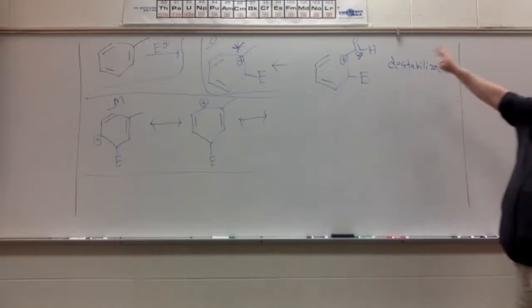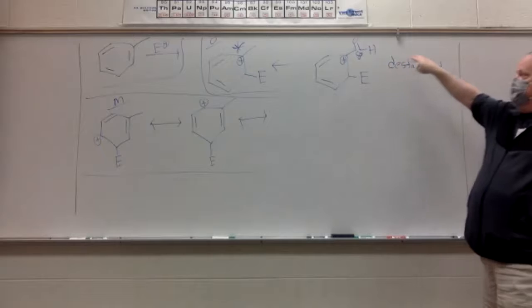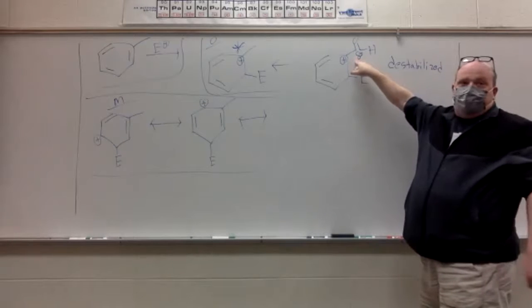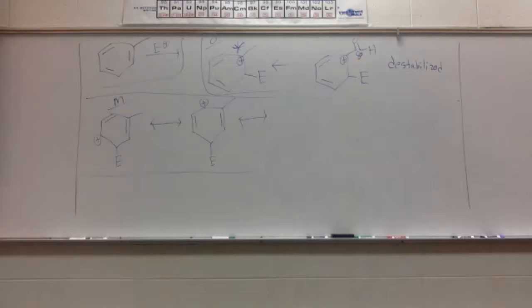So if you drew out all the resonance structures for ortho, meta, and para on this one, you'd have 3 orthos, 3 metas, 3 paras, but each of the ortho and para would have this situation, which is not very stable. So meta sort of wins by default because it doesn't have any of that destabilizing situation going on in its structures. Did I answer your question, Josh? Yeah. Okay. Cool.